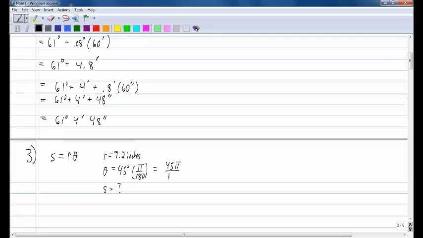So 45 pi over 180 reduces to pi over 4. 45 degrees is the same thing as pi over 4 radians. Alright, so let's solve for S. S is going to equal 9.2 inches times pi over 4 radian.